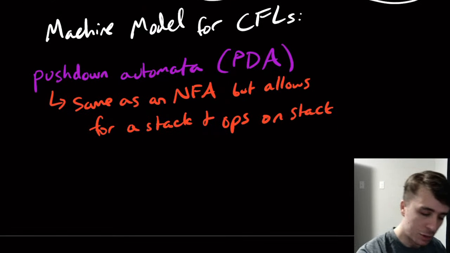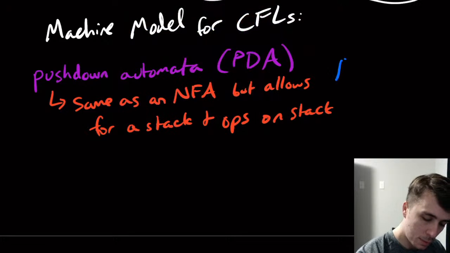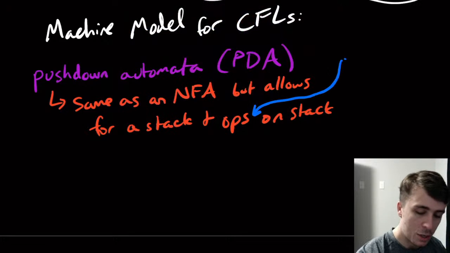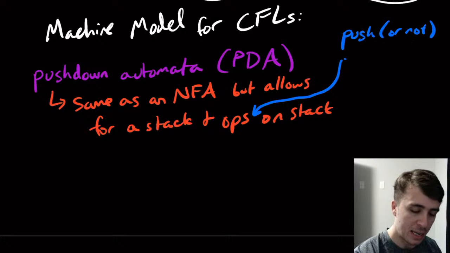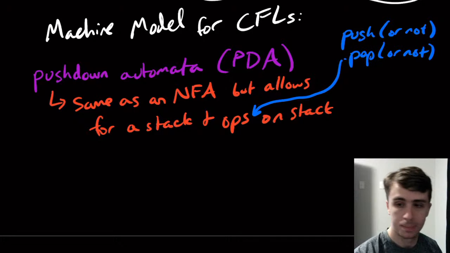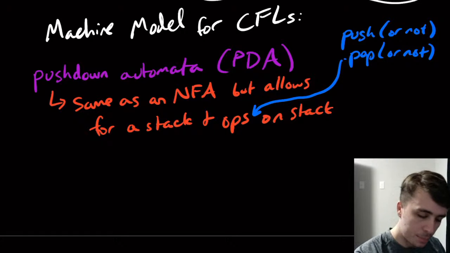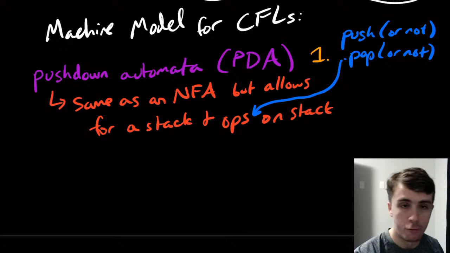And what are those operations? What we're going to allow you to do is push or not onto the stack and pop or not on the stack. One thing to keep in mind is that the pop has to happen first.